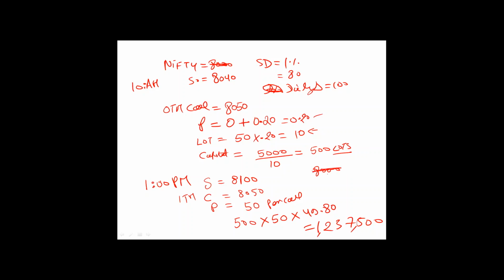So my maximum loss is 5,000 and my profit is 12 lakh in one trading day. Quite possible. We have done it. Not 50 times, this much, but yes, 10 to 30 times, 40 times we made it.